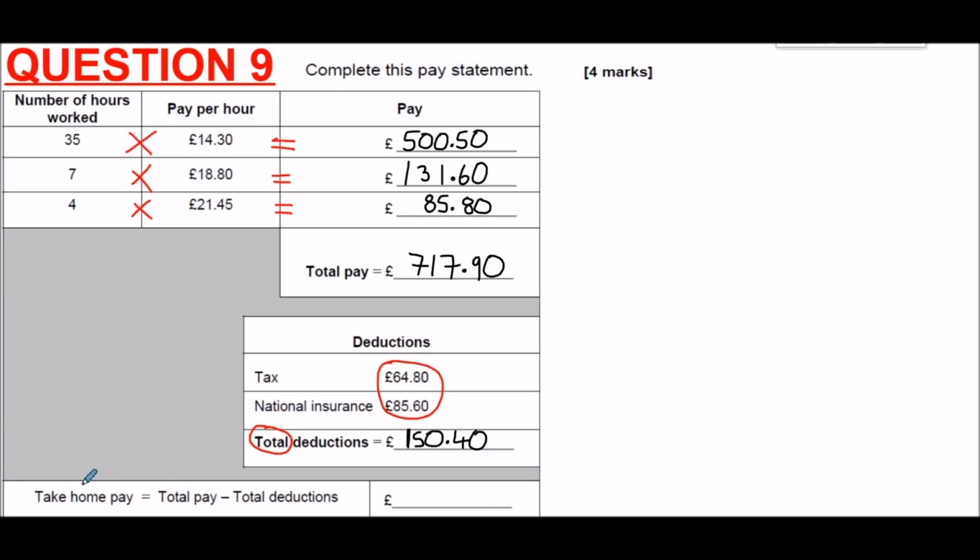And the final part, for take-home pay, is the total pay subtracted by the total deductions. So the total pay is what we had earlier up here. The total deductions is what we've just worked out on the above line.